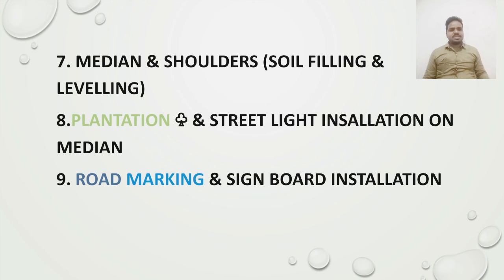When we install signboards on the median side, they should be installed 600 mm from the curb, and on the shoulder side, we install the signboard 3 meters from the paved shoulder.